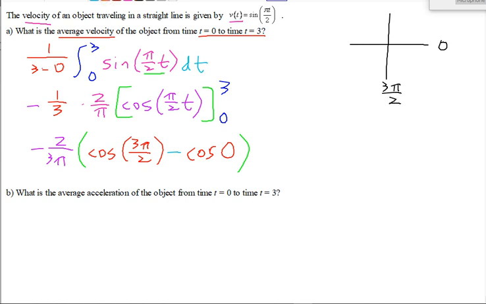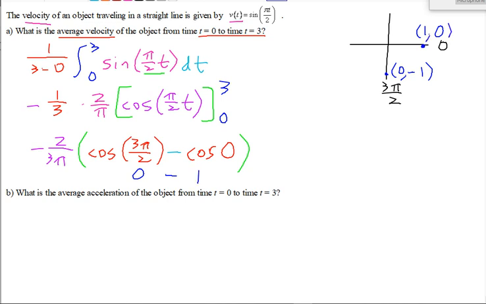So cosine of 3 pi over 2, cosine is the x-coordinate, is 0. So that one's 0. Minus cosine of 0, right here. Again, cosine is the x-coordinate, which is 1. So this is 0 minus 1 in here.